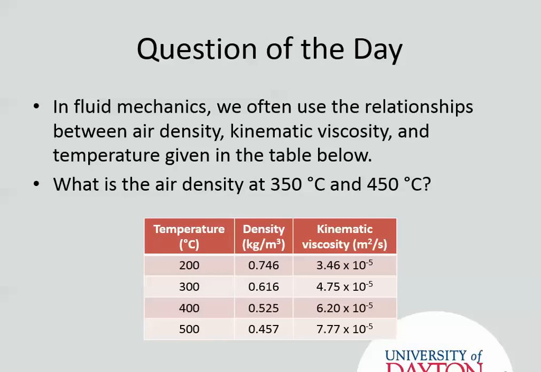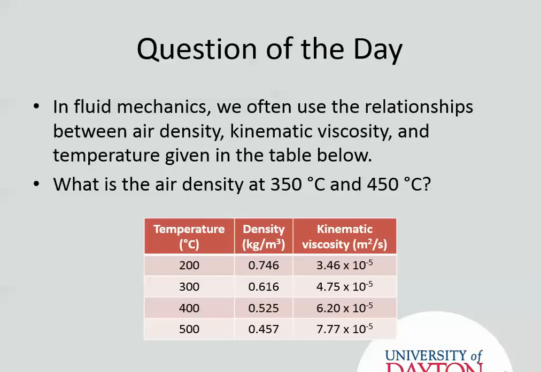Plug 350 into formula 2 and solve for y. Right, so basically on my graph, I just want to draw a line up here and figure out what that point is on that line. And so just like John was saying, I take my 350 and plug it into equation number 2. For the x value, I get back a y value, and that's my air density.